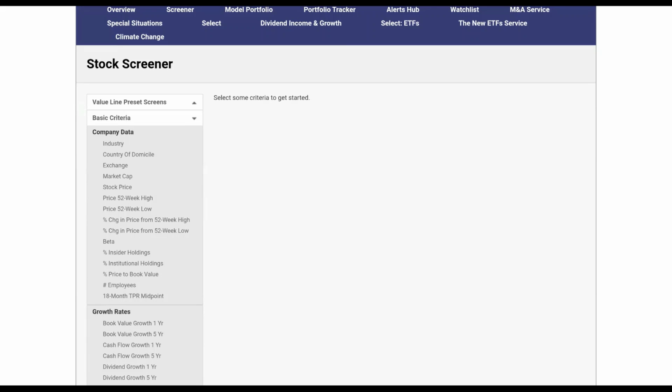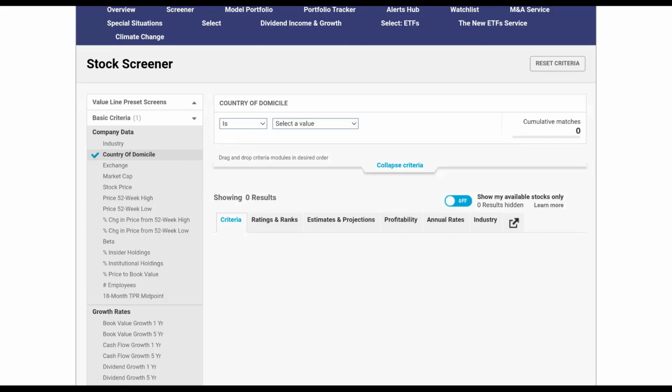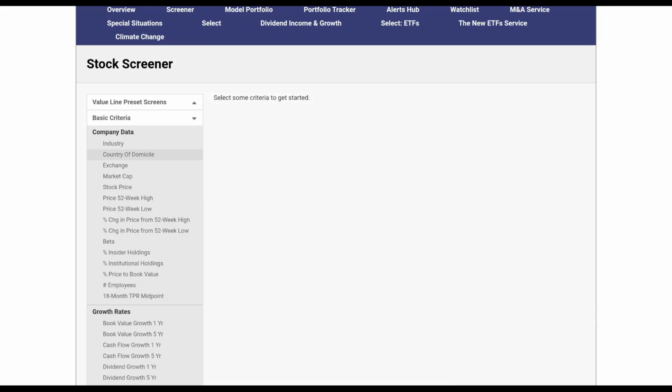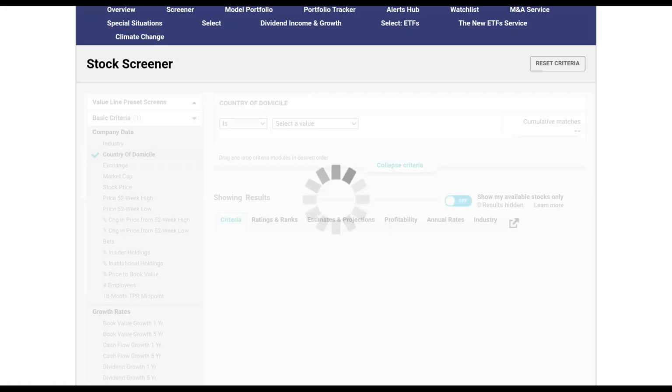So, for example, like country of domicile, you could click that and take a look at all the countries. Because a lot of the American stocks are overvalued, you could go is not United States, but for some reason my screen just grayed out. Let me select industry and we'll just do a screener.